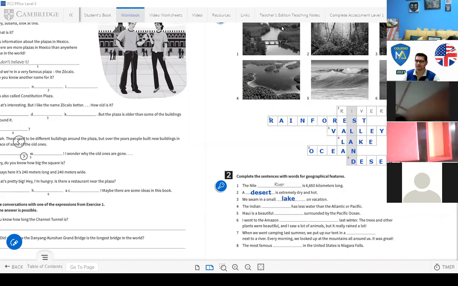Leandro, Ashley, what do you think is the answer? The Indian has less water than the Atlantic or Pacific. Is Ashley there? She's not here. What do you think?